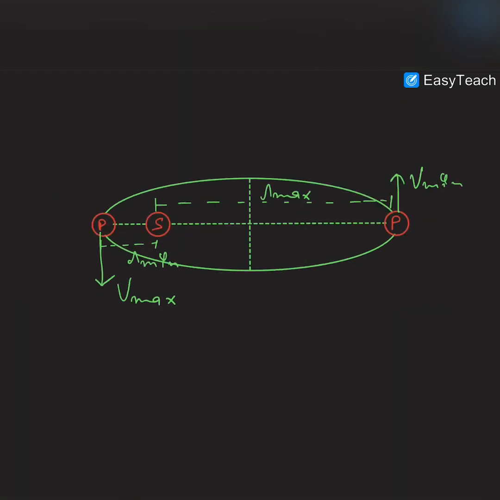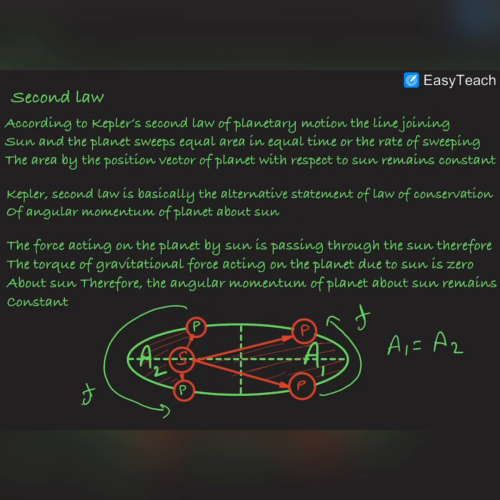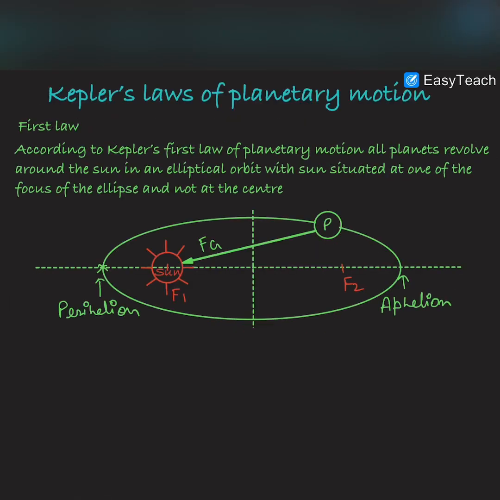Okay, so this was the conclusion of the second law of Kepler's. And you can also say that the angular momentum remains constant due to the fact that gravitational force is a central force, which means that this force acts in such a way that it passes through the center of the two bodies between which it is acting.